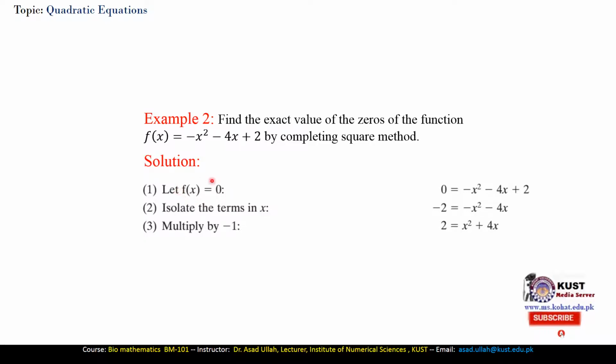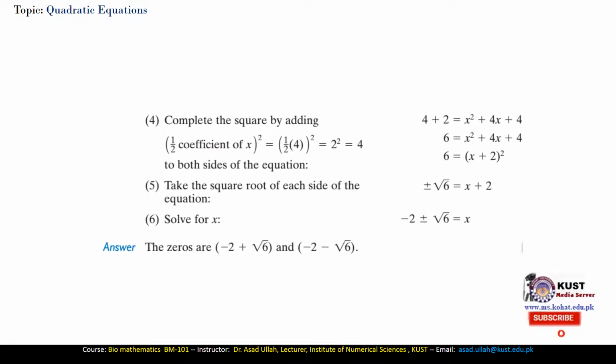F of x is equal to 0 means the given quadratic function reduces to the quadratic equation, that is minus x square minus 4x plus 2 is equal to 0. Isolating the terms in x, we get minus x square minus 4x is equal to minus 2. Now to make the coefficient of x square positive, we multiply both sides of this equation by minus 1, and we get x square plus 4x is equal to 2.